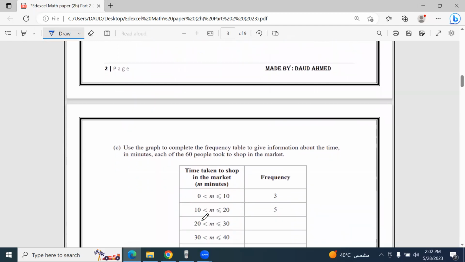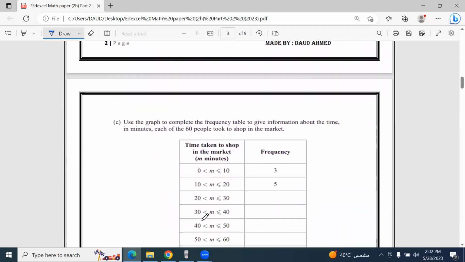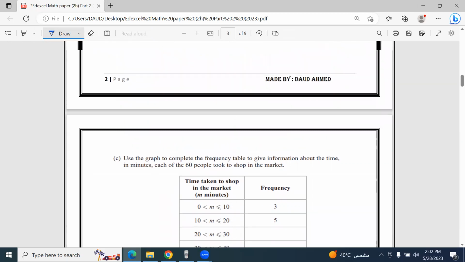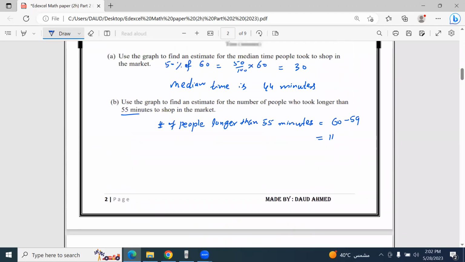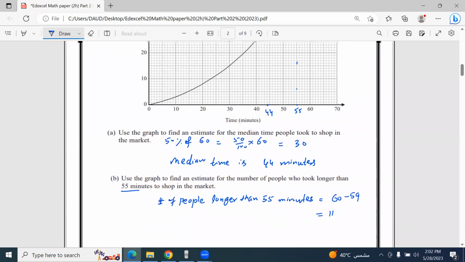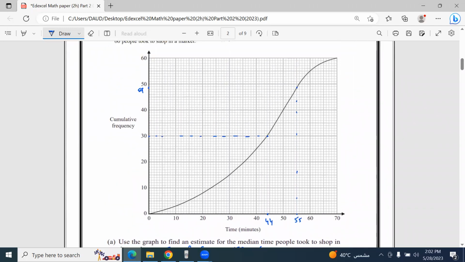we have to complete this table with the help of the cumulative curve mentioned above. As they said, 0 to 10, we have 3. Same as that, we have to complete all the way to 20, 20 to 30. If you check carefully, from 0 to 10 we have 3.